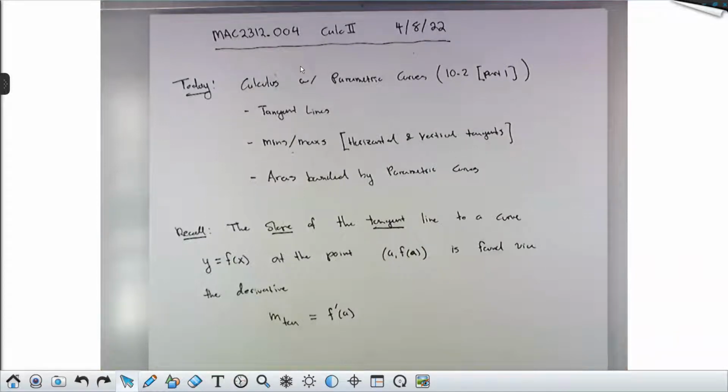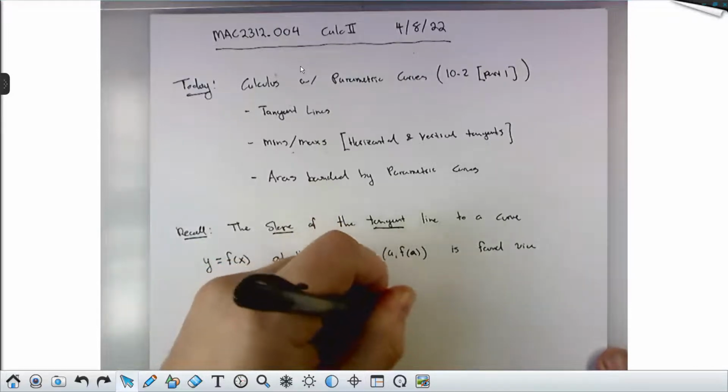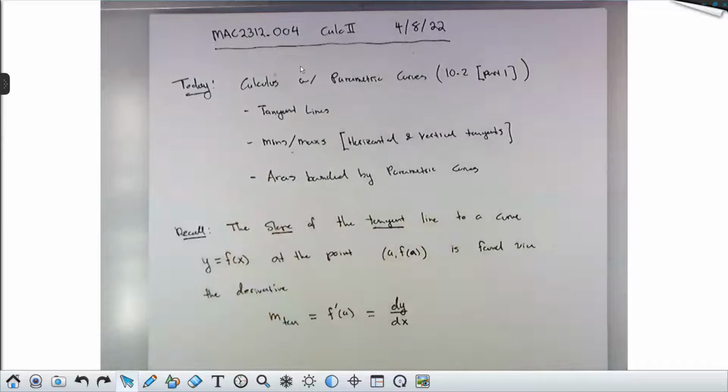And that notation works really well in the context of Calc 1, where your curves are all coming from a function. But there was another notation that you learned back then, often called the Leibniz notation, dy dx.